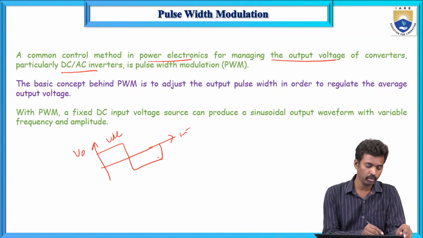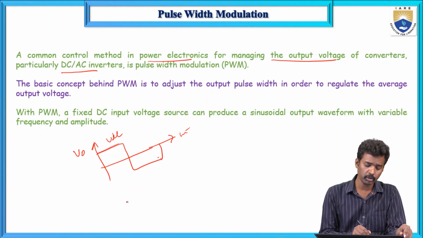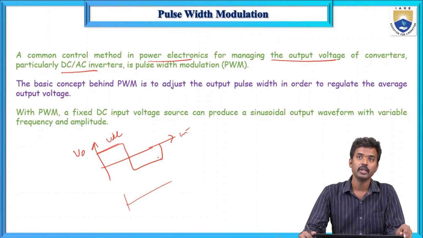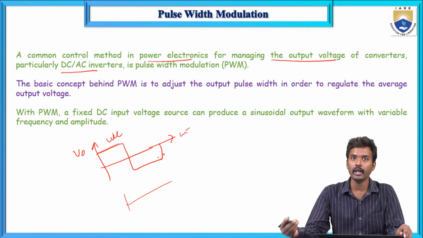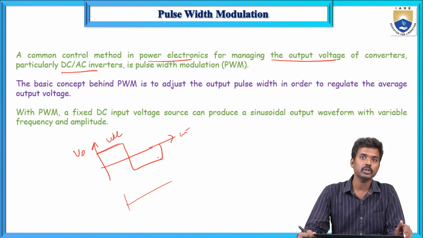Now this is a full bridge inverter with input voltage VDC. What about the current? Current depends upon the load. For R load it is the same as a square wave, for L load it is triangular, for RL load it is exponential, and for RLC load it is a sine wave.